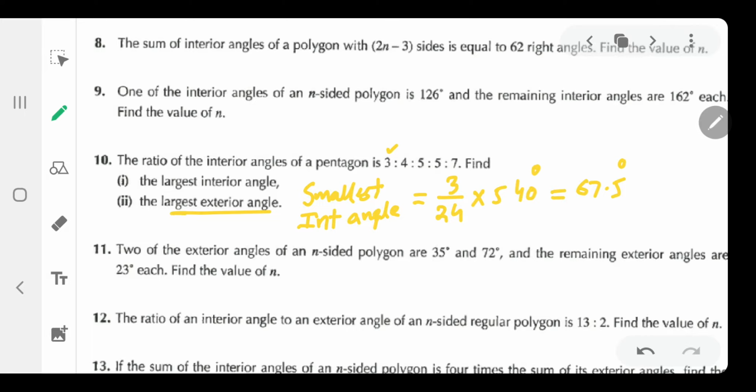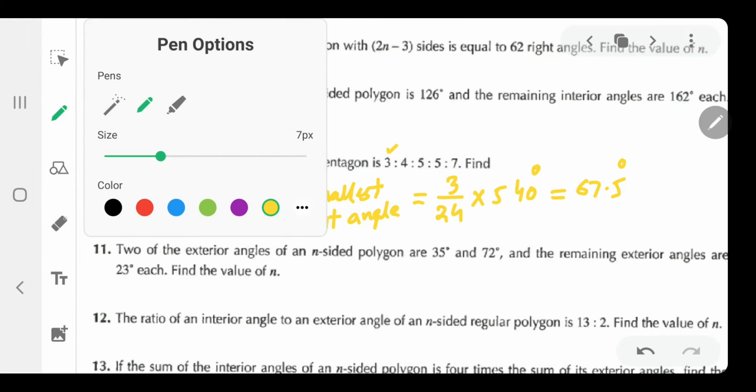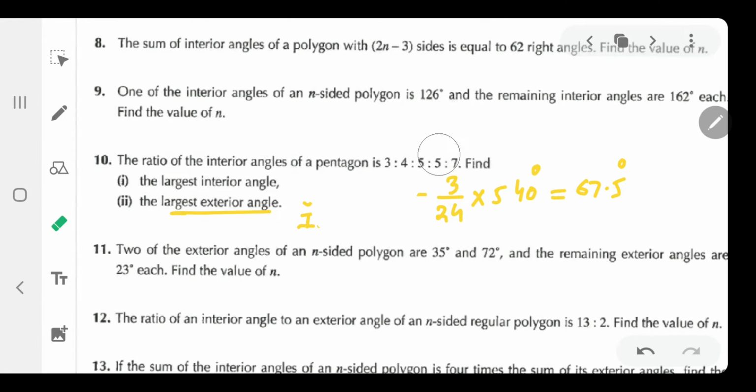Largest exterior angle. So now we know that the sum of interior angle and exterior angle must be equal to 180 degrees. So all I have to do is subtract.